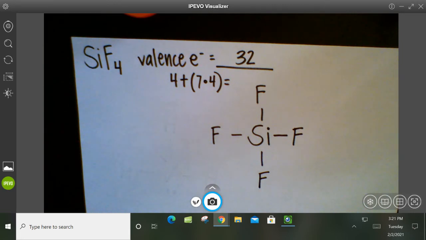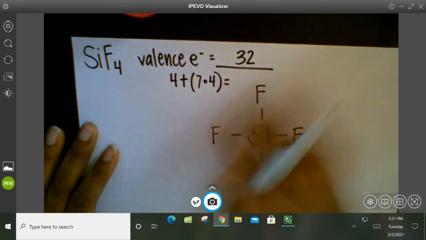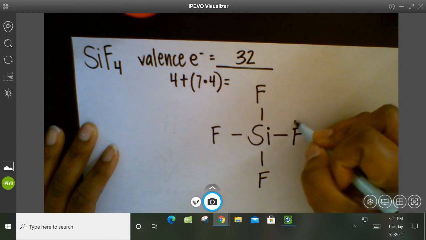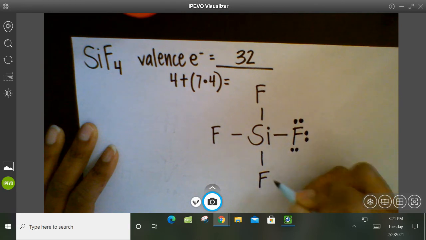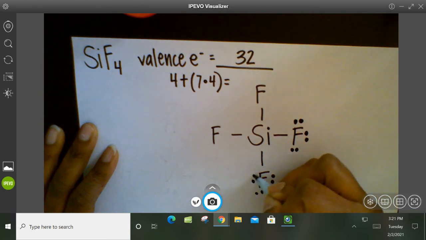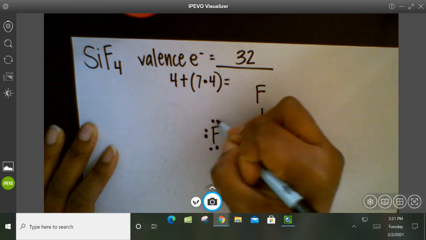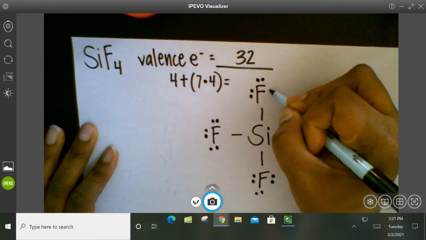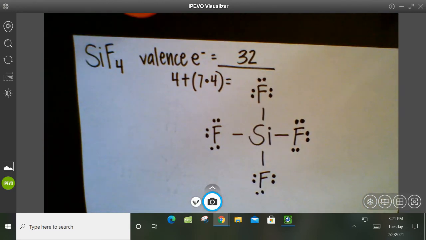Where will these go? These will go as lone pairs around your F's. So let's see, 2, 4, 6, 8, 10, 12, 14, 16, 18, 20, 22, 24, 26, 28, 30, 32. And that's how many electrons you had to work with.